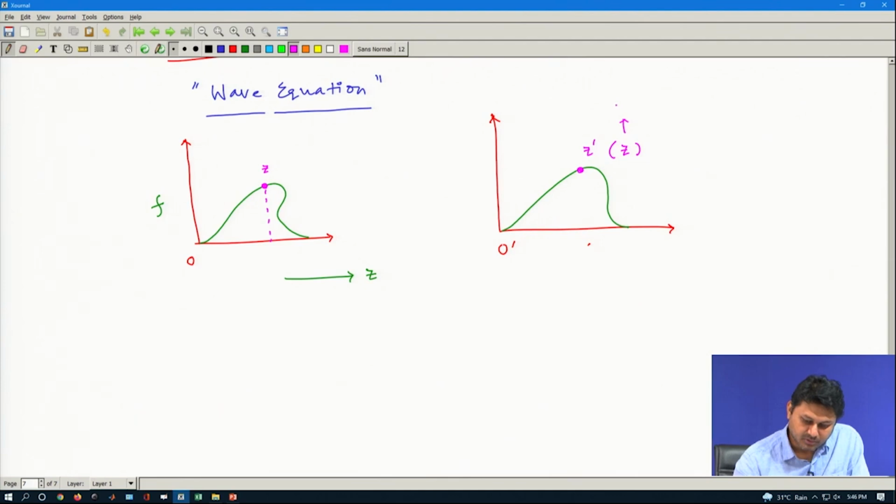So z is the coordinate with respect to the fixed frame.